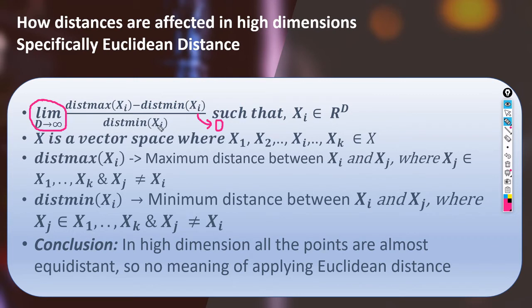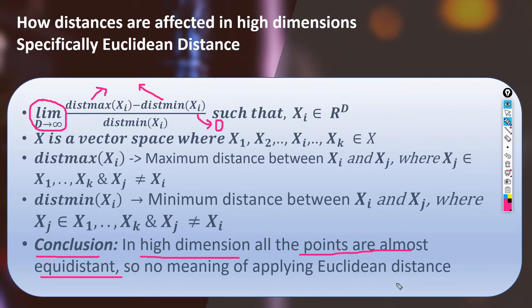It means dist max and dist min are both the same. And when both are the same, all the points or vectors in high dimensional space are almost equidistant. So the conclusion is that in high dimension, all the points are almost equidistant.